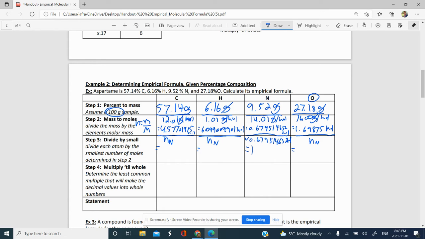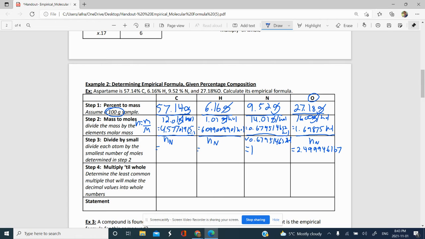So divided by 0.679514632, we get 2.499946167.